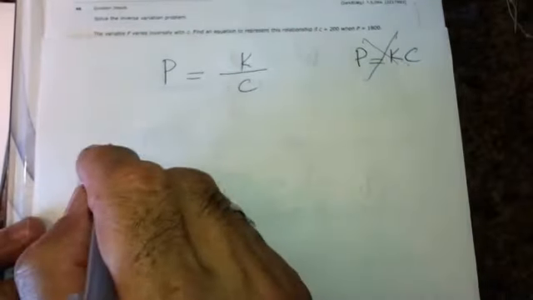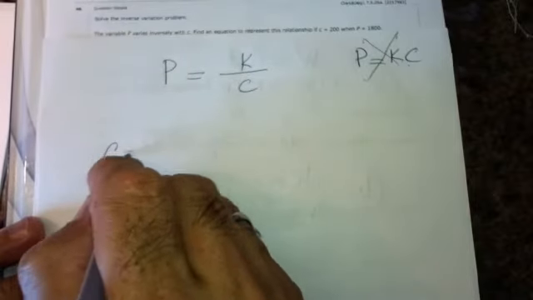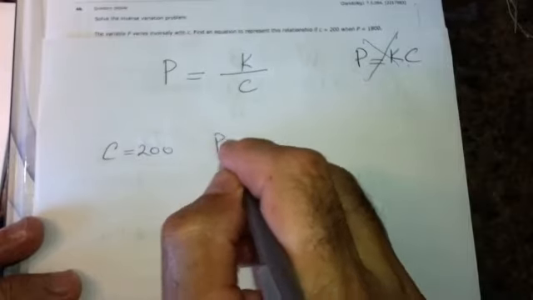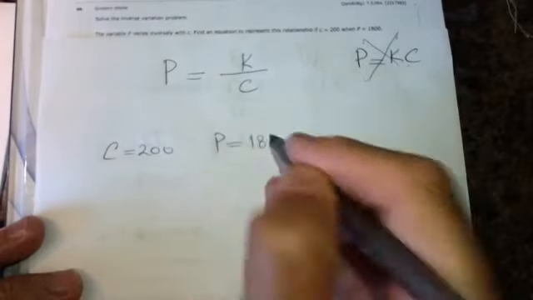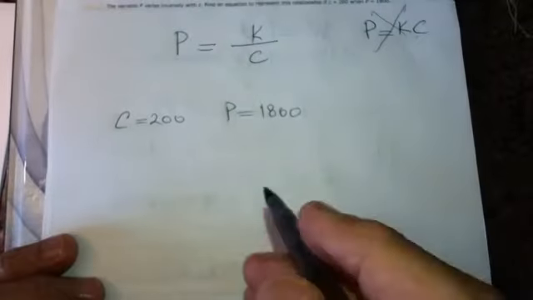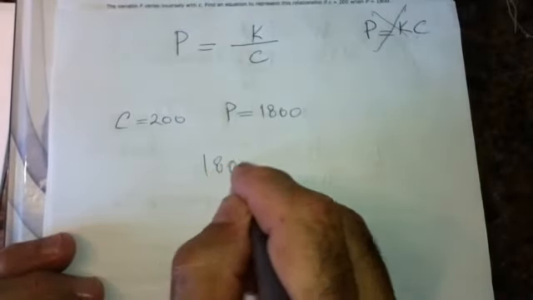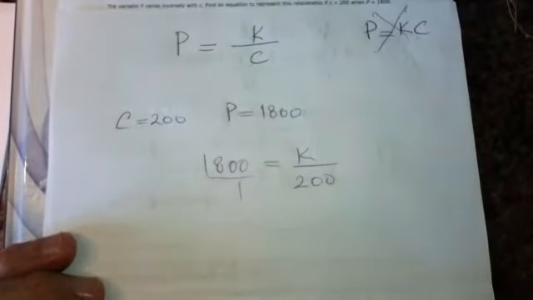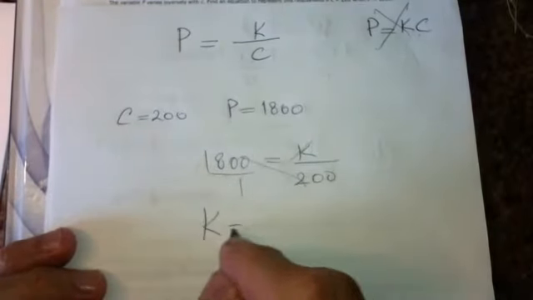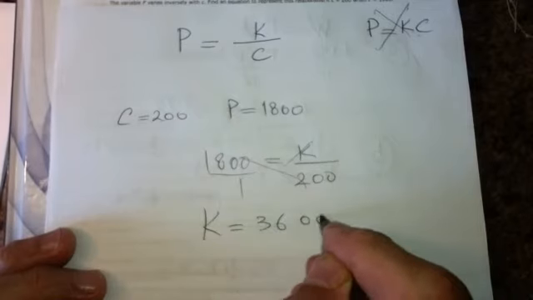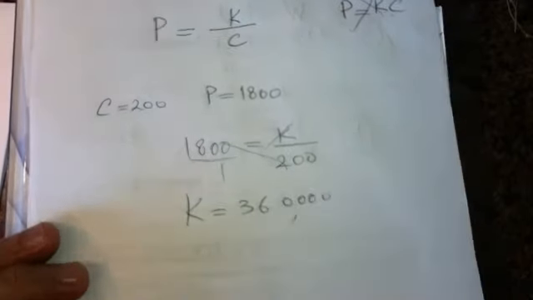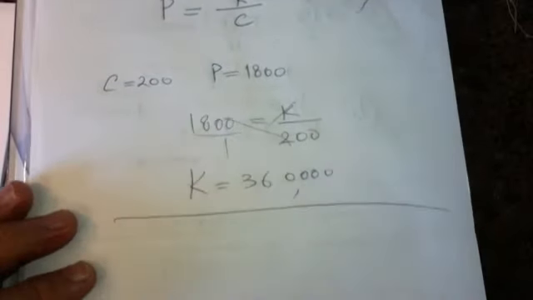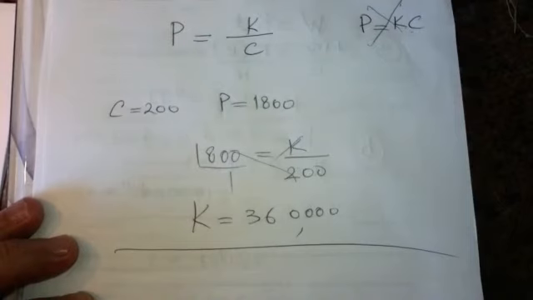We're just saying that, okay, if C is 200, then the value of P is 1800. So then you just say 1800 is K over 200. When I cross multiply, K is 360,000. Okay? You have the K, you put it back in the formula.